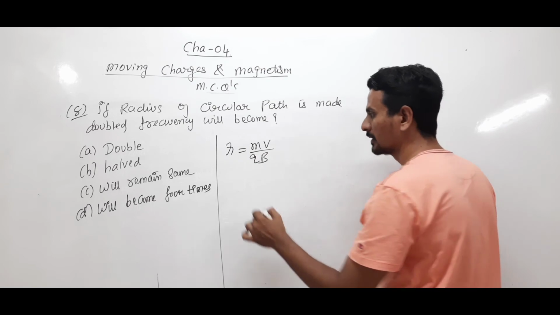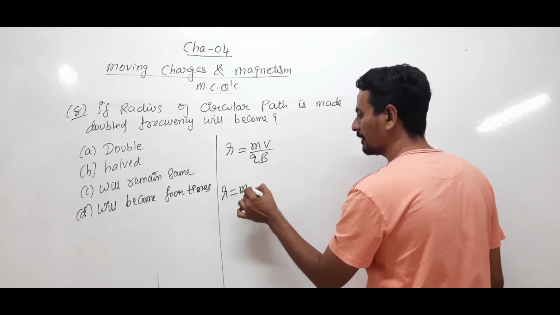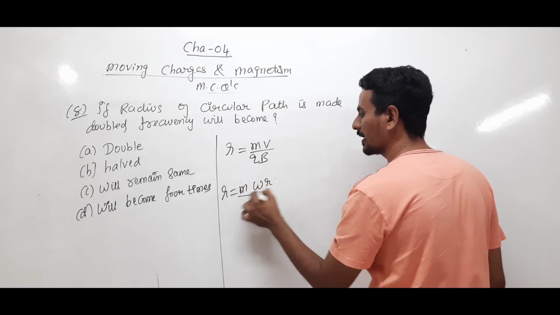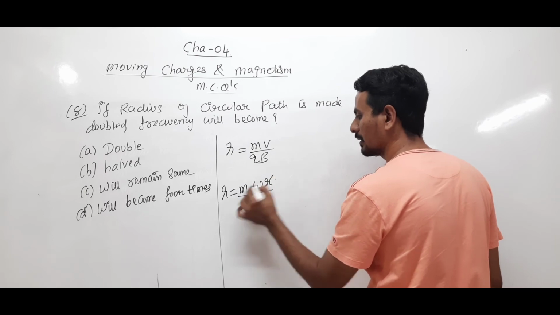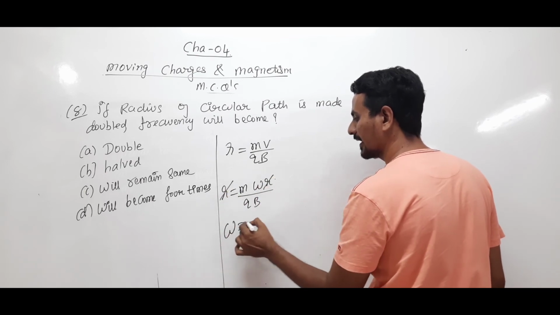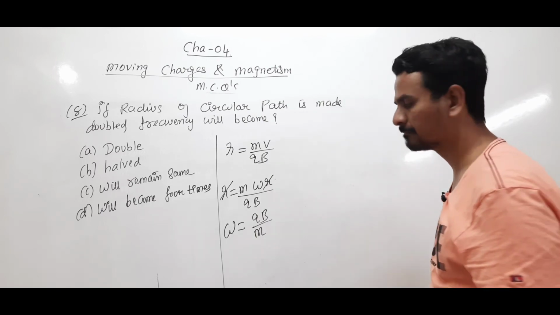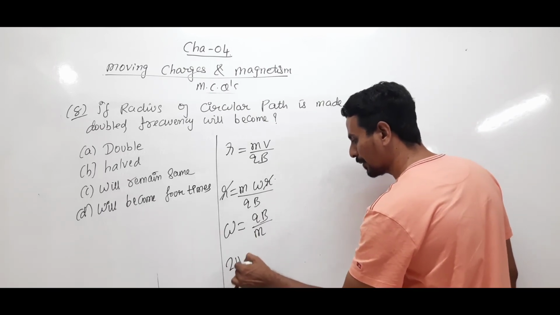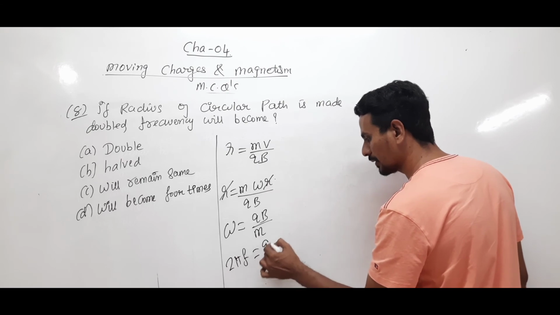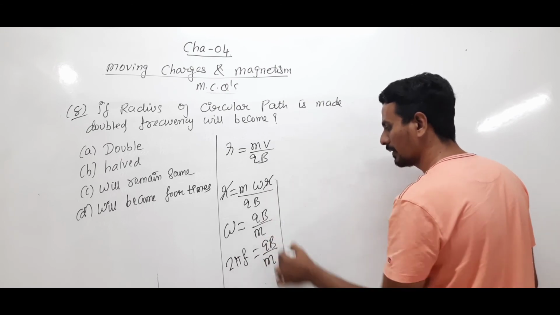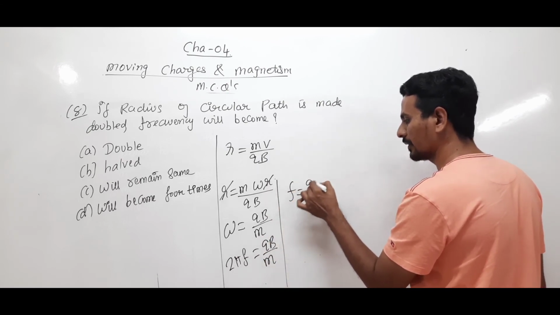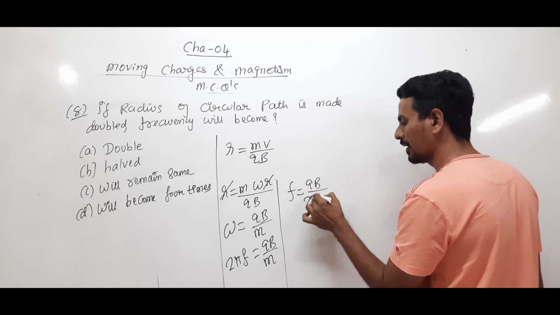R is also equal to m, instead of v, I can write omega R, by qB. R gets cancelled. So omega is qB by m. But what is omega? 2 pi f. So this will be 2 pi f equals qB upon m. So f will be equal to qB by 2 pi m.